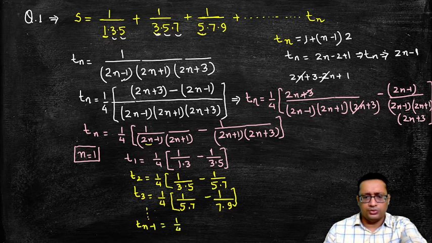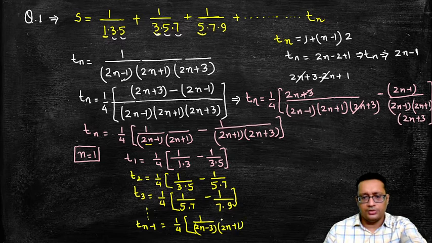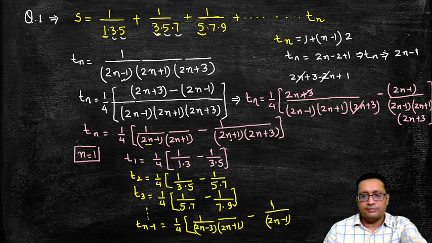It becomes 1 by 4, now I am placing n minus 1 here. So what you will get? 1 upon (2n minus 3)(2n minus 1), minus 1 upon (2n minus 1)(2n plus 1). Placing n minus 1 here, 2n minus 2 minus 1 becomes 2n minus 3, and this becomes 2n minus 1, and this becomes 2n plus 1.